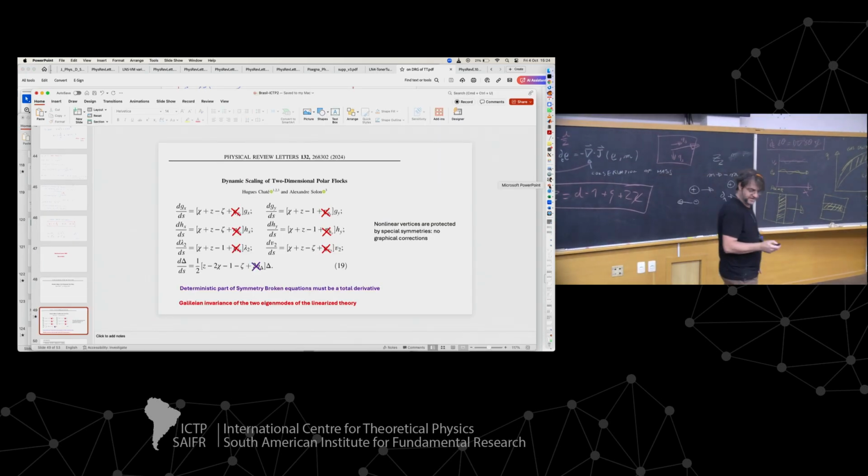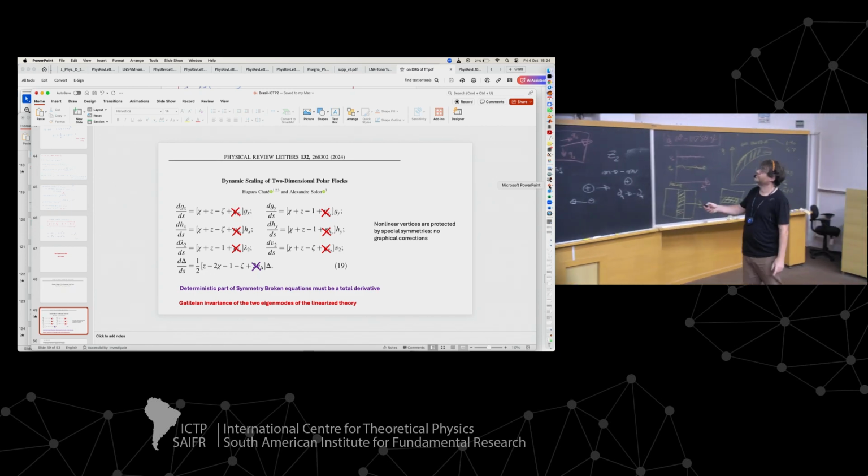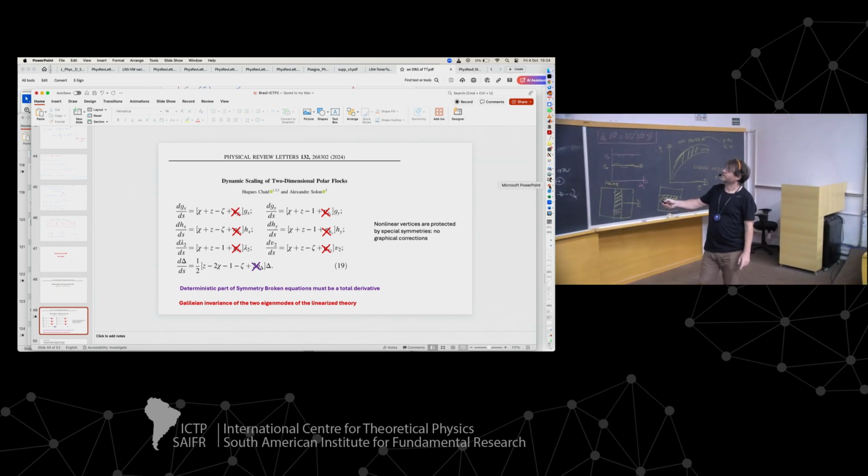And that if you write the equation of motion in the symmetry-broken regime correctly, this noise vertex doesn't take any normalization. And indeed, there is no graphical term, and all you are left with is these four terms, which should be zero, which is exactly this relation. So they say, why this holds? This is the end of the story.